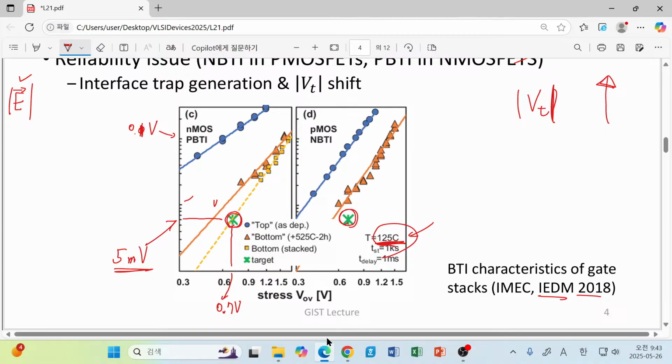So it means that even though we operate this device in a quite severe environment, our threshold voltage should not increase quite high. 5 millivolt difference is just 0.005 volt. So that is the acceptable range of our technology.